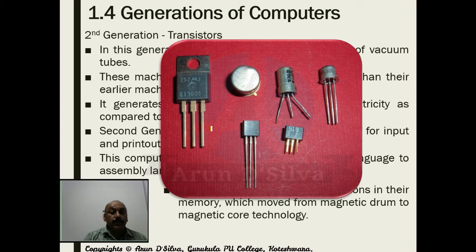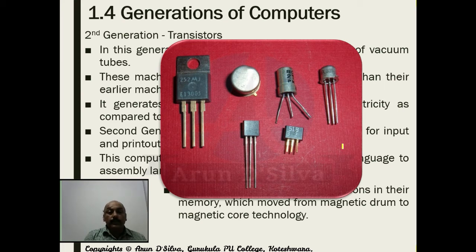These inputs are called EBC. E stands for emitter, B stands for base, and C stands for collector. All different types of transistors have 3 inputs. Here 3, this is also having 3, and similarly the others. Not one transistor, but many transistors are put together to manufacture the components of the computer.